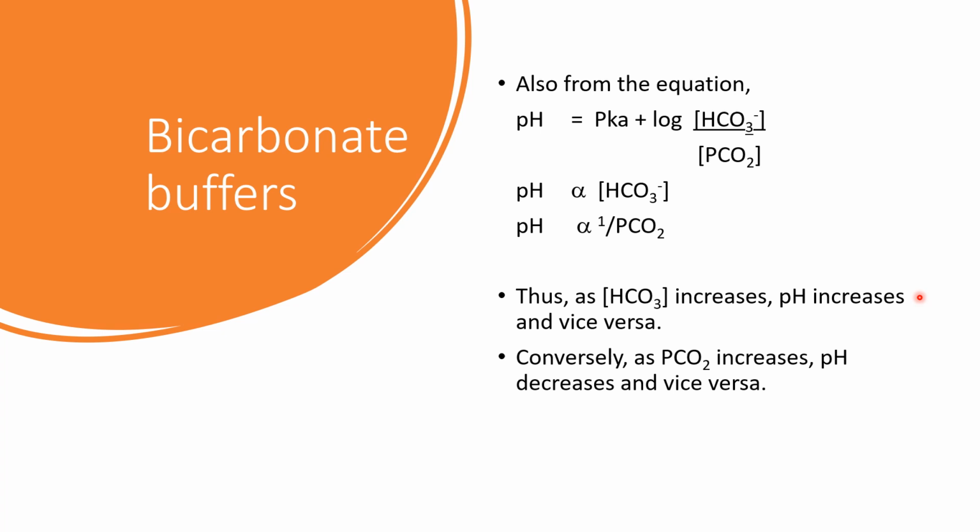And then the converse happens for the partial pressure of carbon dioxide, which is the weak acid component of the bicarbonate buffer system. So the higher the partial pressure of carbon dioxide, the lower the pH, and vice versa. The lower the partial pressure of carbon dioxide, the higher the pH of the body.